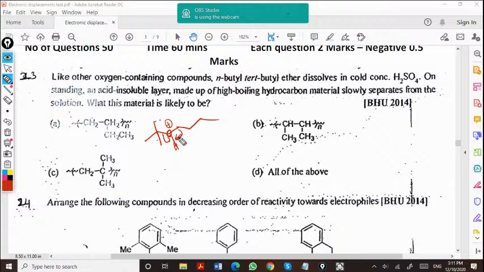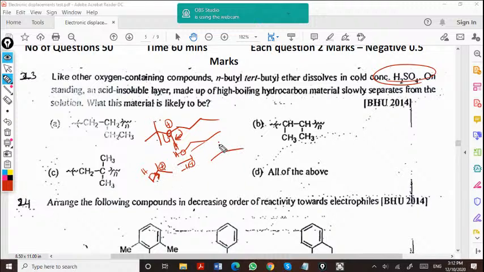If it breaks in this way, it gives a tertiary carbocation, which is favorable. Once the tertiary carbocation forms, H plus will eliminate, and N-butanol is already eliminated. H plus from the reagent, or from the catalyst, will eliminate again.